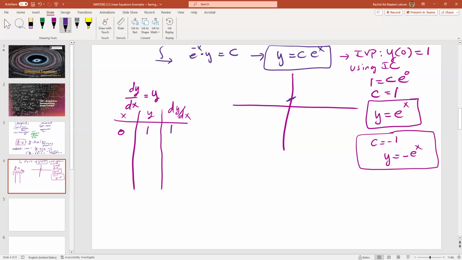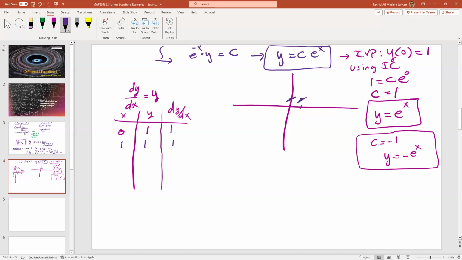So the autonomous idea here, let's say you go to 1, if the y-intercept is 1, again you use y to find the slope, it'll be 1. So 1.11, right?